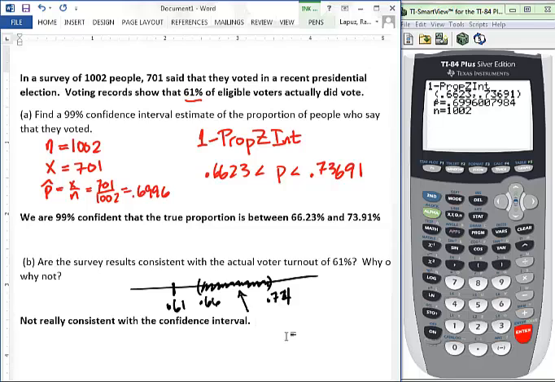And what we can say is that it seems like more people said they voted than the actual turnout. Okay, so this is a confidence interval for proportion.